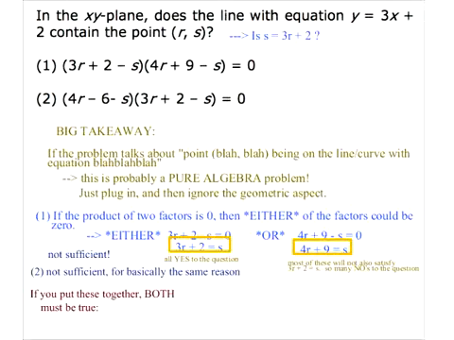Okay. Both of these statements have to be true. The first statement is this: either 3r plus 2 equals s, or 4r plus 9 equals s. And this. Okay, we need to make both of these true.